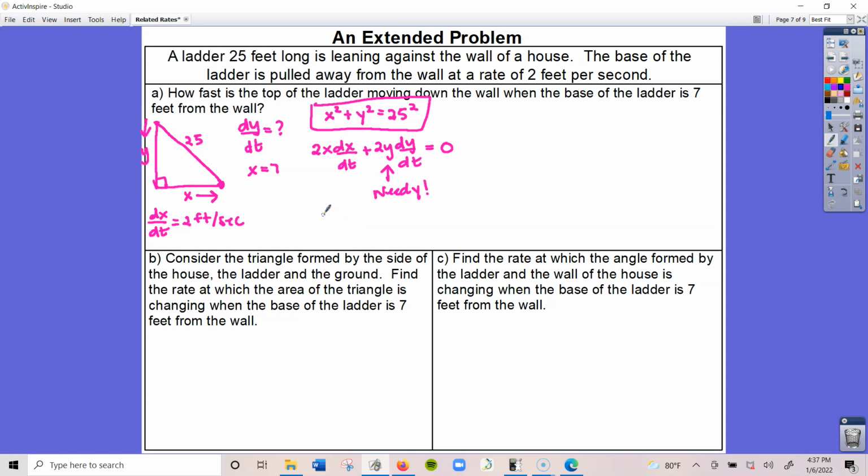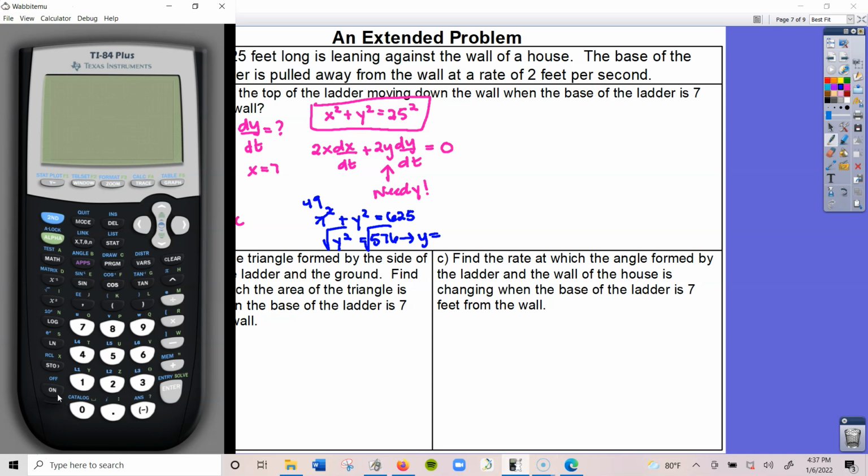So I'm going to plug in 7 for x, so 7 squared plus y squared is going to equal 25 squared, which is 625. 7 squared is 49. So if I subtract 49, I get that y squared is equal to 576. Then when we take the square root, let me use my calculator. The square root of 576 is 24.